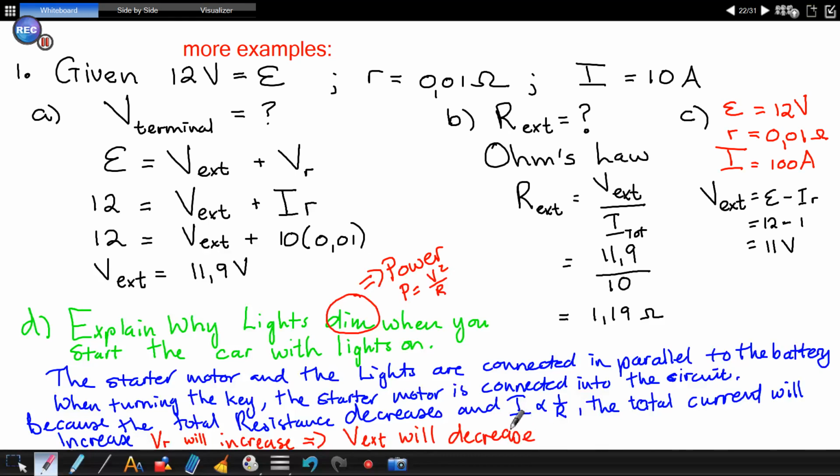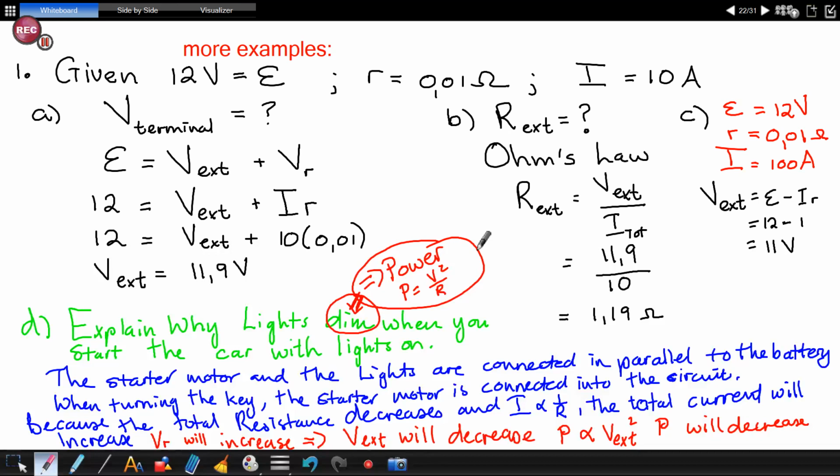Why will the lights dim? Because the V external decreases. Power is directly proportional to V external squared. So the power will decrease, and that is why the lights will dim. Because the power decreases, it has a dimming effect on the lights.